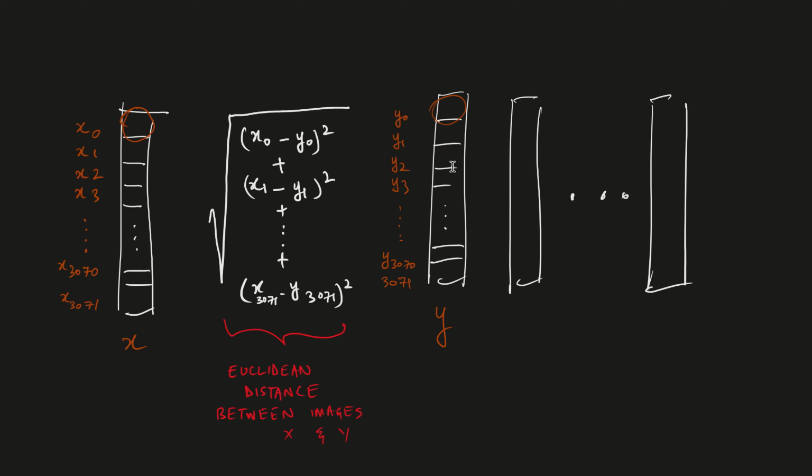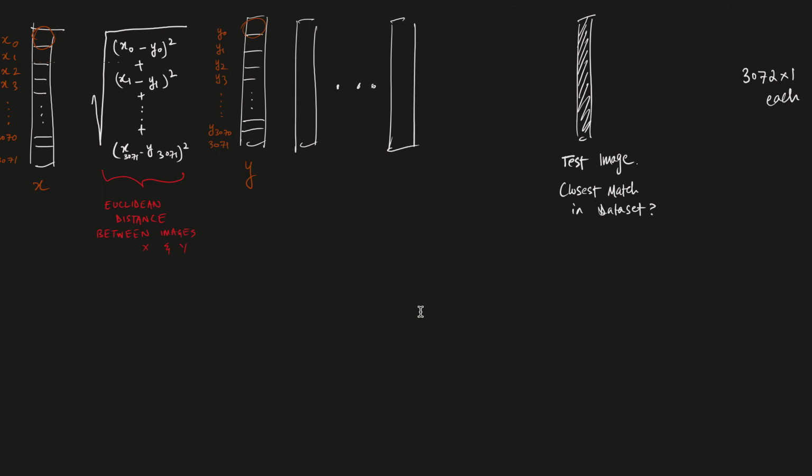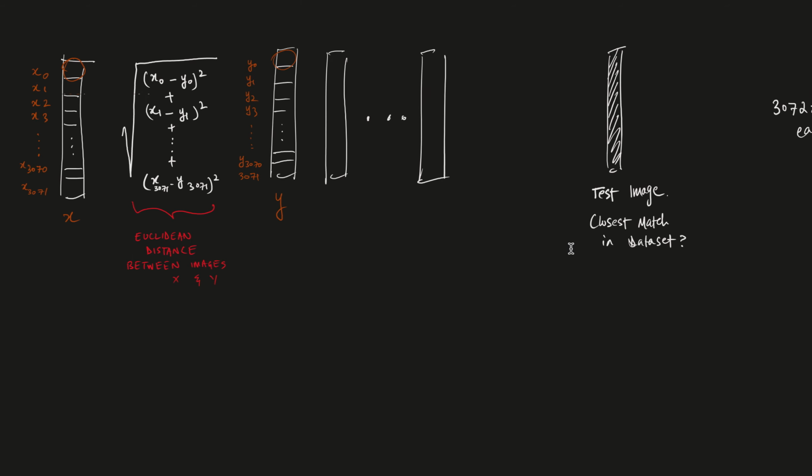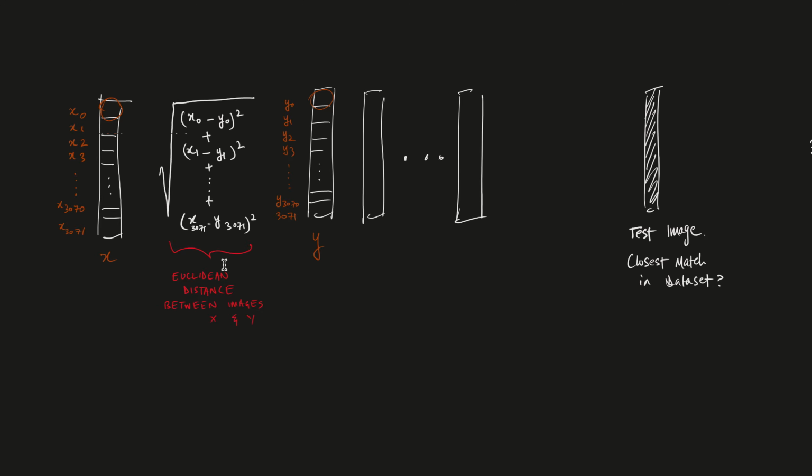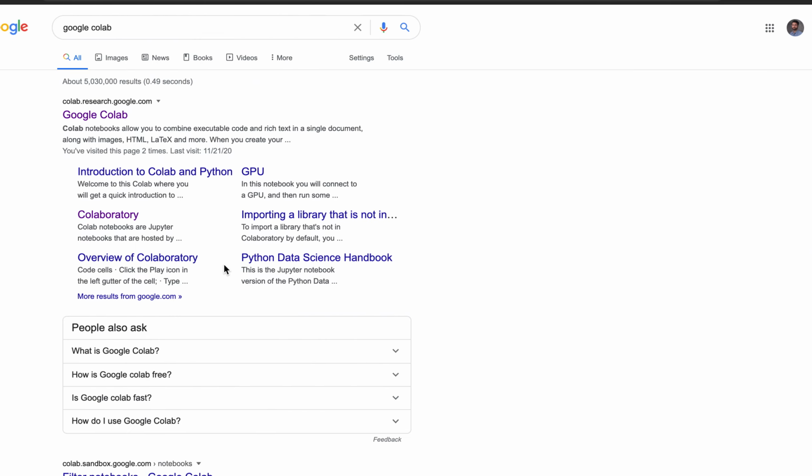We're going to do the same thing for all of the images and then find out which Euclidean distance is the smallest. That image is going to be the closest, or the most similar image to our test image. So that is what the pipeline is. That is going to be the closest match in our dataset, and that is what we are interested in doing. Let's have a look at how to do this in Python.